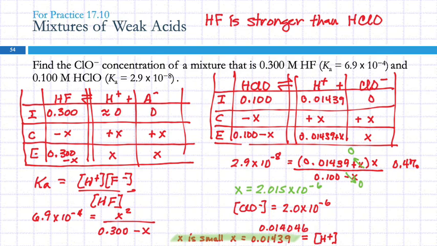And that ends up just changing the exponent here. And so that number divided by 0.01439 is even smaller. 0.015 times 10 to the minus 7 divided by 0.01439 times 100.